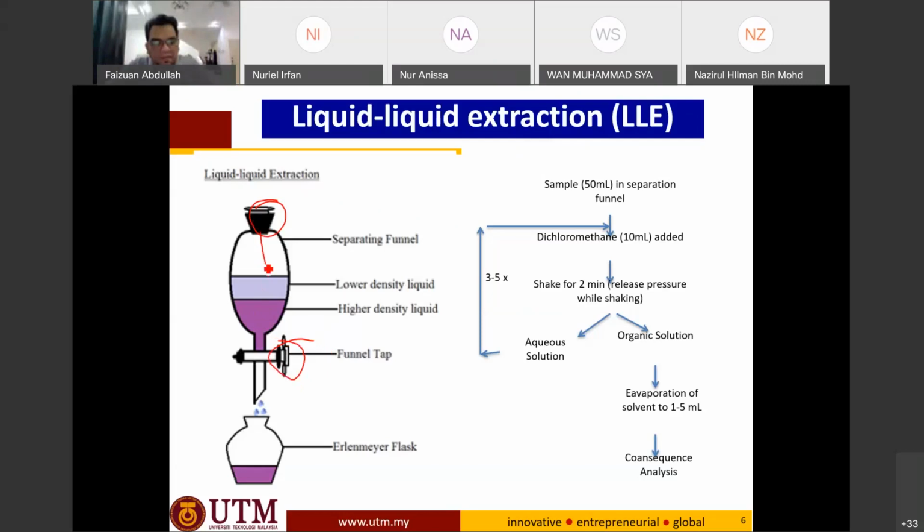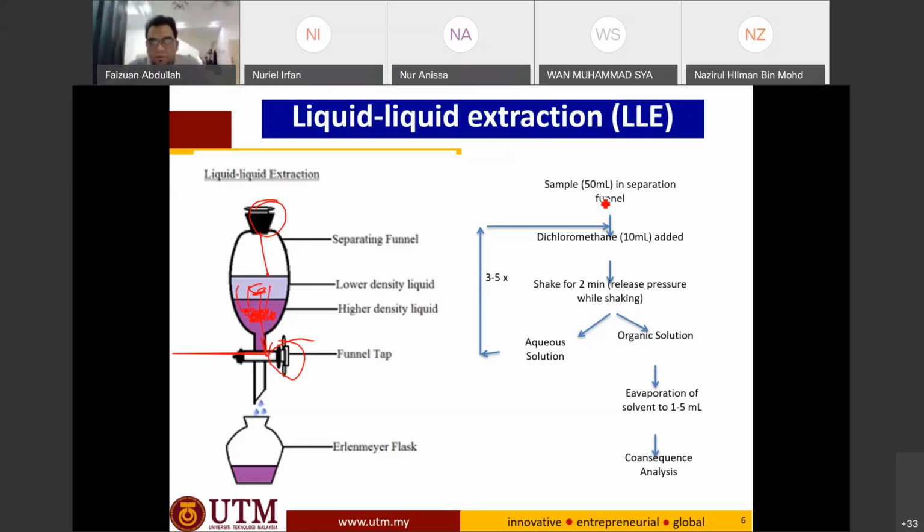At the end of the separating process, we need to remove the layer. For example, this is the sample from water, and then we have mixed it with the solvent, and we have shaken it well. We want to remove the matrix, so this is how we open the funnel tap.